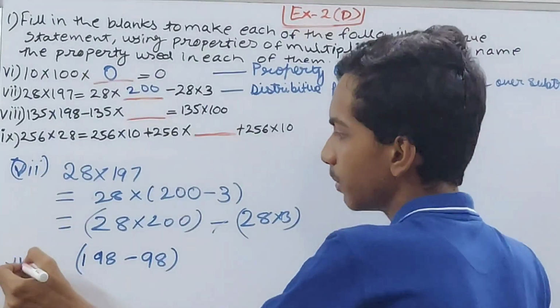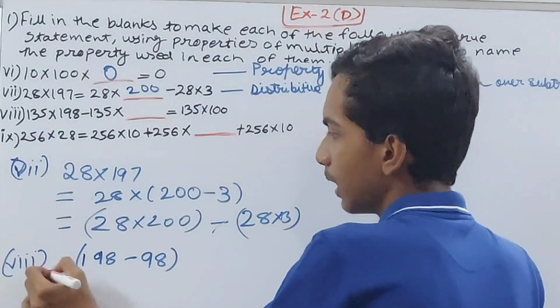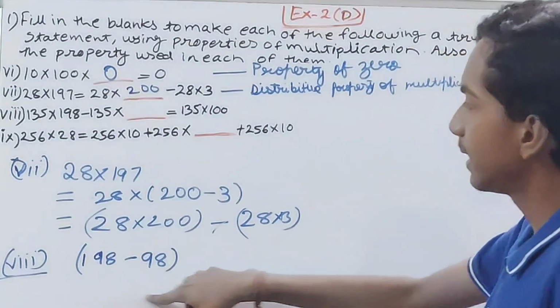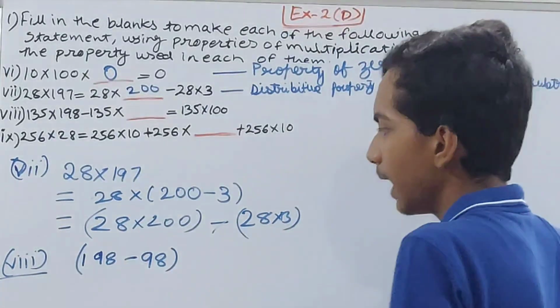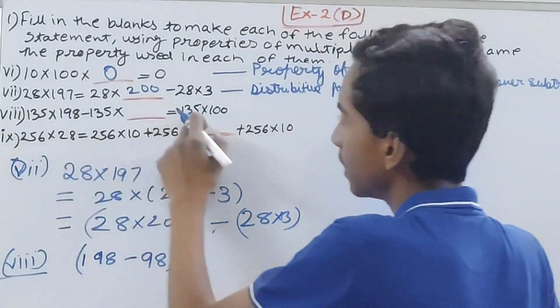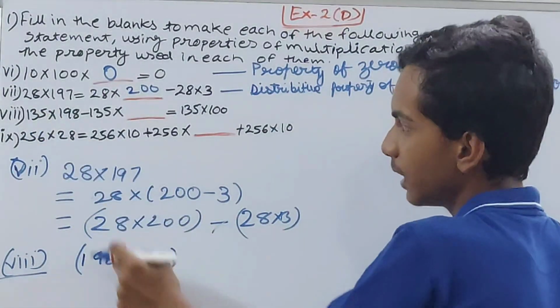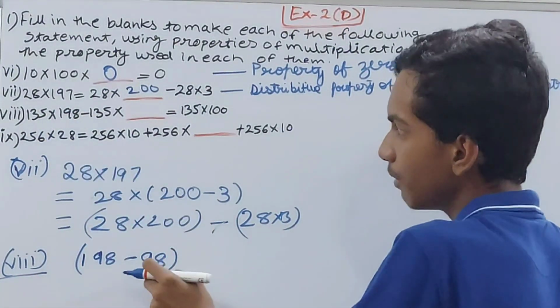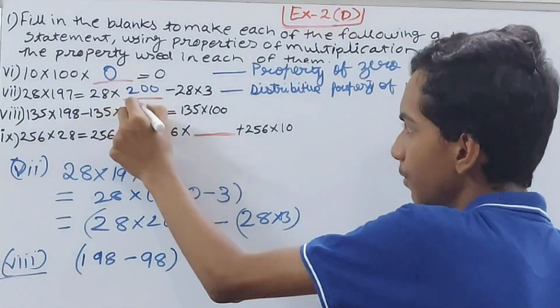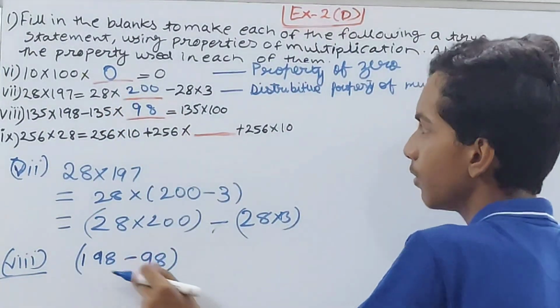This is your eighth part, right? So they have broken it down, and this they have multiplied with 135 as it was over here. So very simple. First one has already been done. Second, you multiply with 98, minus 135 into 98, right? Minus sign will always be there.